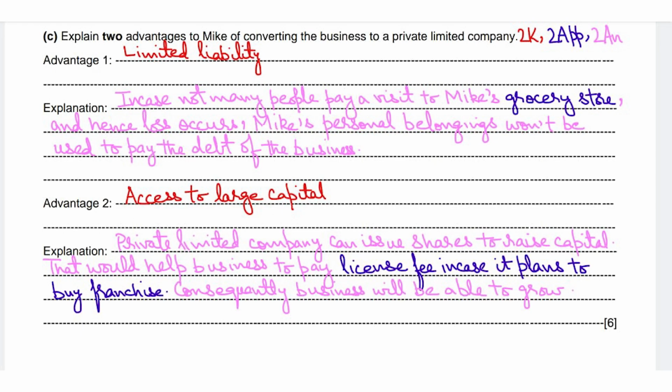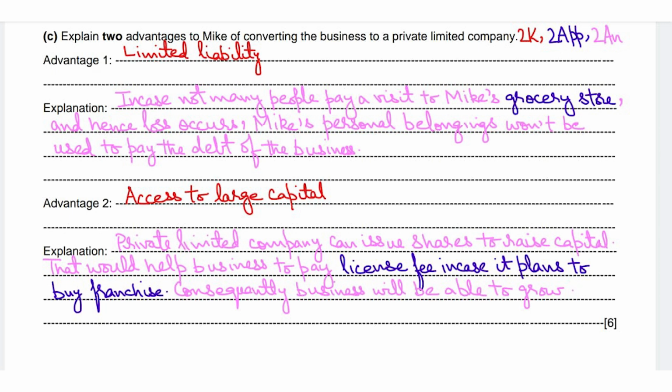Now advantage 2, access to large capital. Knowledge, I colored it in red. Now I will mention how large capital would be obtained if a private limited company is formed, right? So that would be my analysis. Private limited company can issue shares to raise capital.